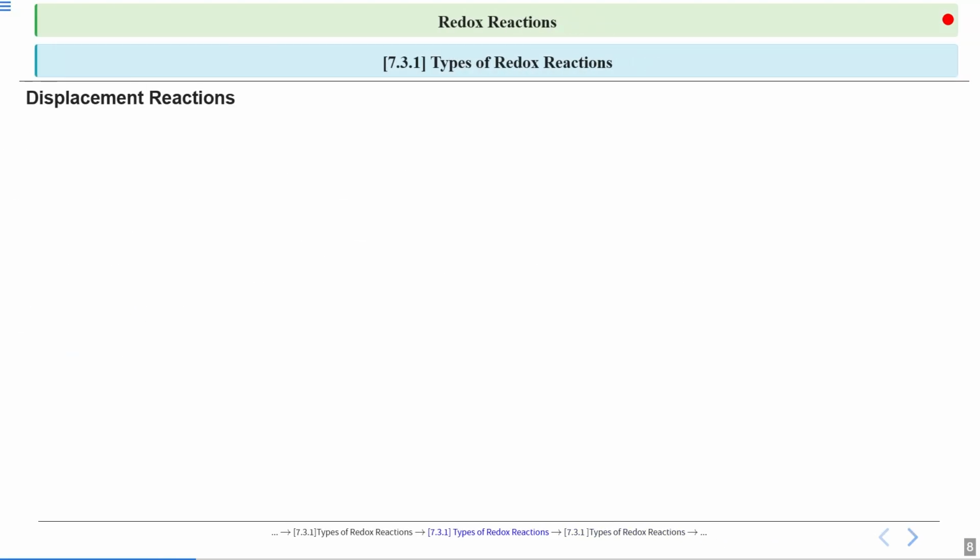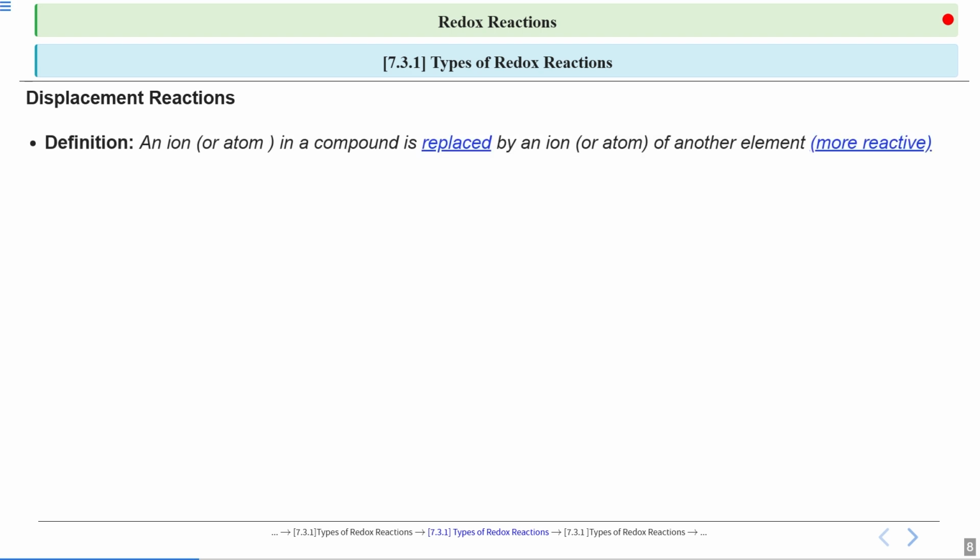Now moving on to the next type of redox reaction, that is displacement reaction. In a displacement reaction, an ion or atom in a compound is replaced by an atom or an ion of another element. So here there is a replacement taking place by an element.